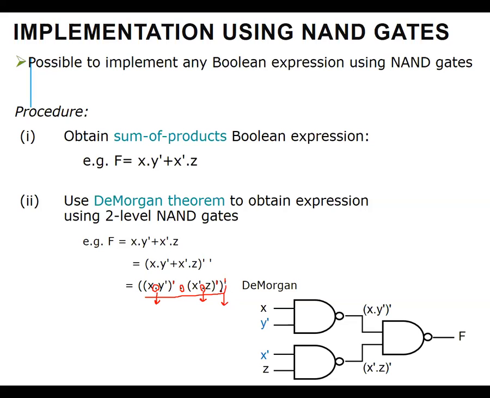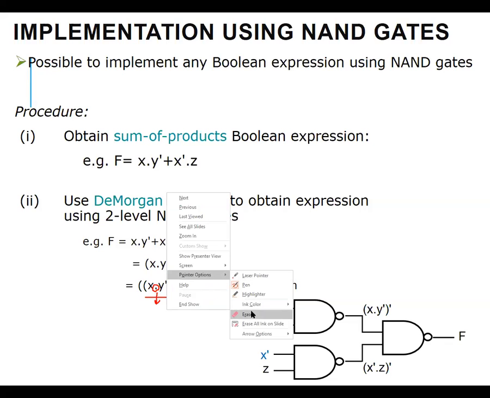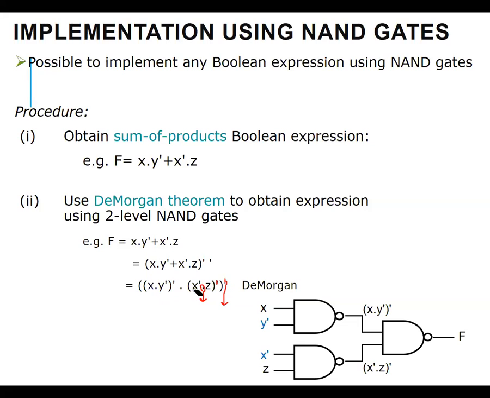So to represent the final two terms, complement. So let me erase this. So to be represented by a NAND gate, what are the requirements? So this is the NAND gate. Okay. So if I input A and B, what's the output?